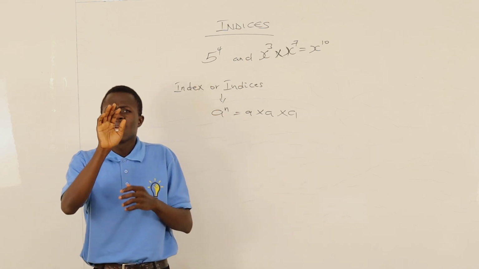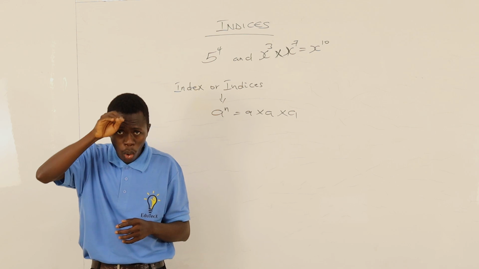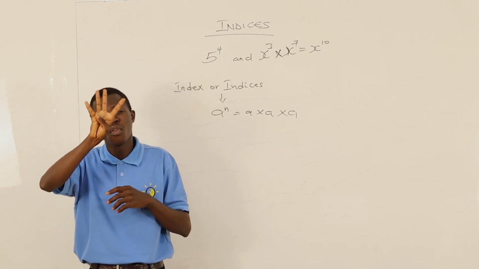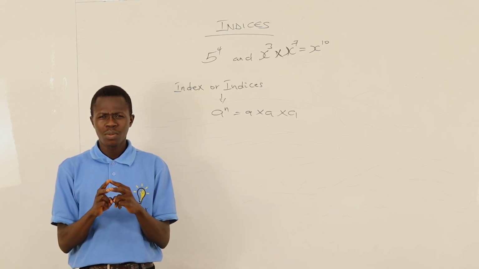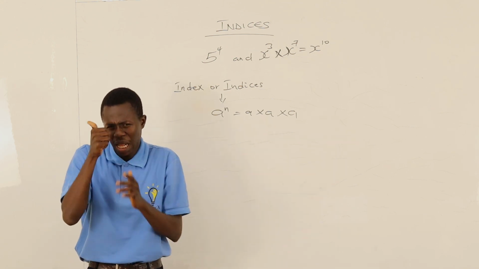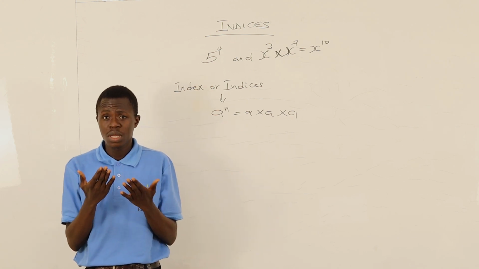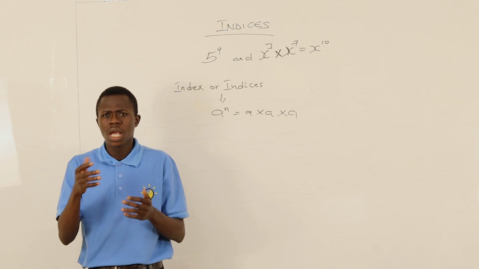So with indices, I just explained that it is normally in the form a raised to the power, it could be whatever number, 1, 2, 3. Let's take a look at a real example and see how it is worked on.